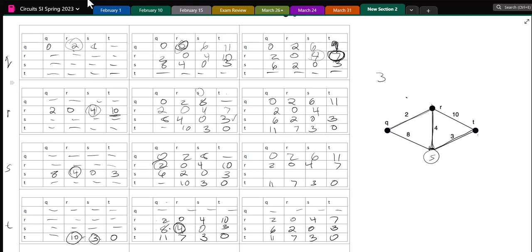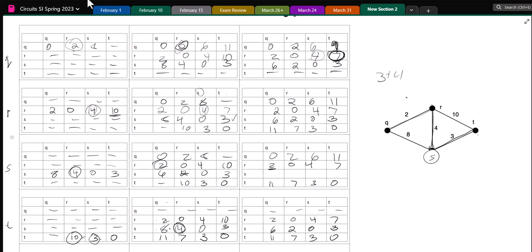It costs us 4. 4 plus 3, so that's the same. That's still 7. Alright, 6. Okay, what if we go through r? To get to q, if we go through r, it costs us 2 to go from r to q. And how much does it cost us to get to r in the first place? It should cost us 4.